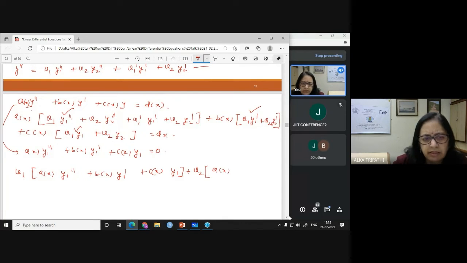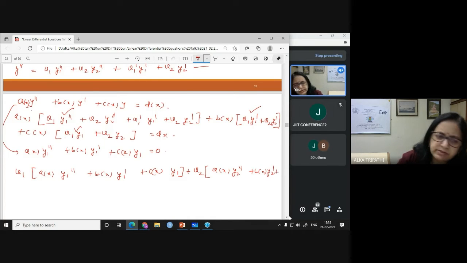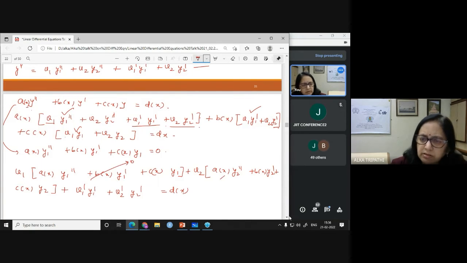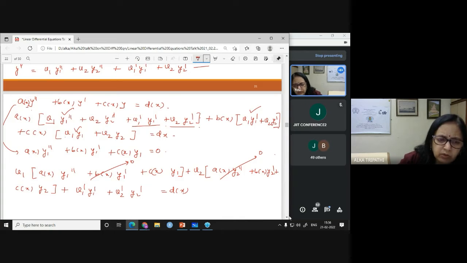You will have ax y2 double dash plus bx y2 dash plus cx y2 plus, now I am left with these two terms, that is v1 dash y1 dash plus v2 dash y2 dash, and this equals dx. Since this is 0, this is 0, I have the equation v1 dash y1 dash plus v2 dash y2 dash equal to dx.